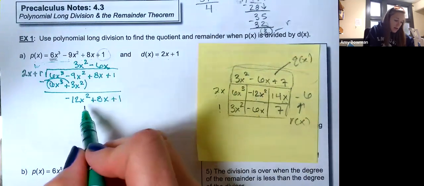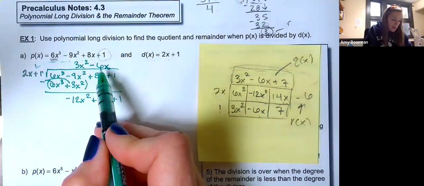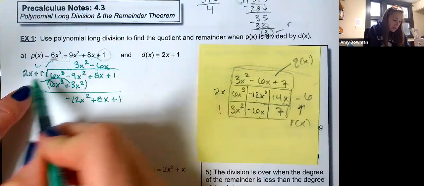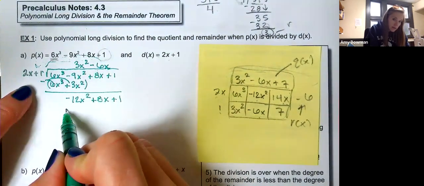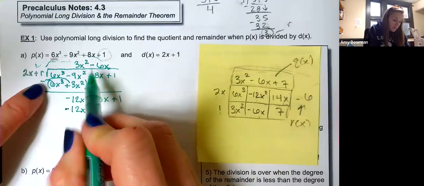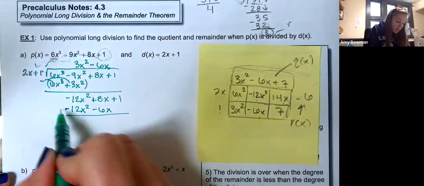Negative 6x. And then once I have that negative 6x, I multiply that by, again, this entire thing. So negative 6x times 2x is negative 12x squared, and negative 6x times 1 is negative 6x. And then we're going to take that away and see what's remaining.